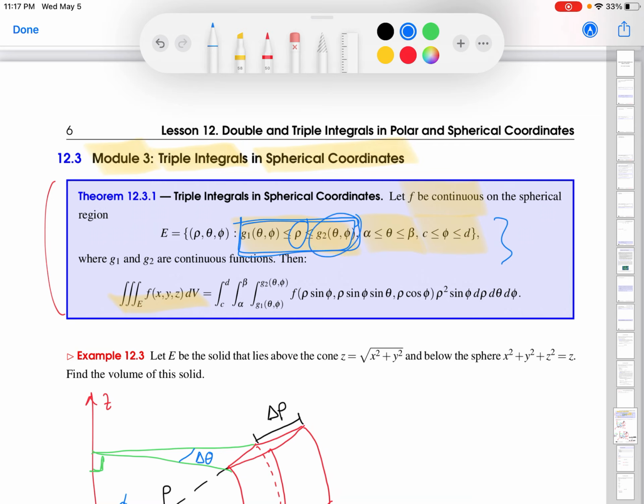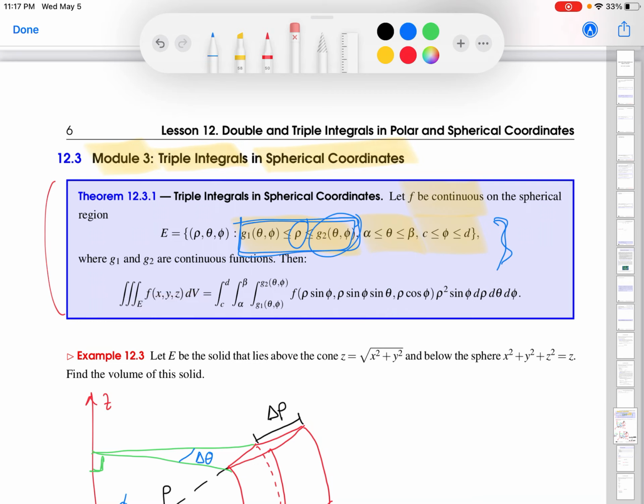I won't try to draw that because that is a little bit difficult. I've actually put in some drawings over here that I made before I started the video to help myself and you out. But anyway, this is the region that is in many ways the analog of this polar region that we talked about in the previous video.